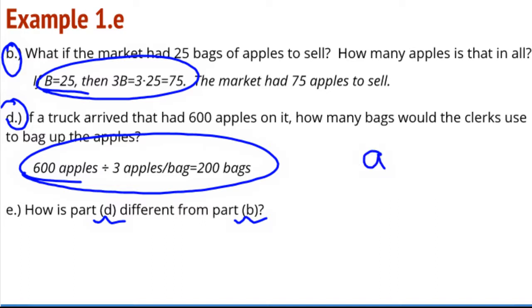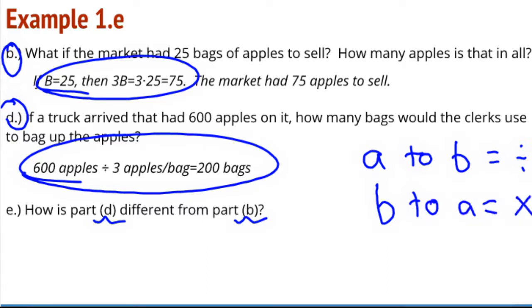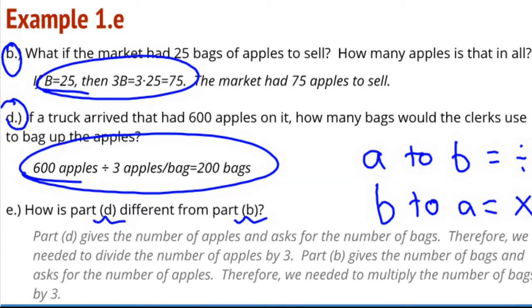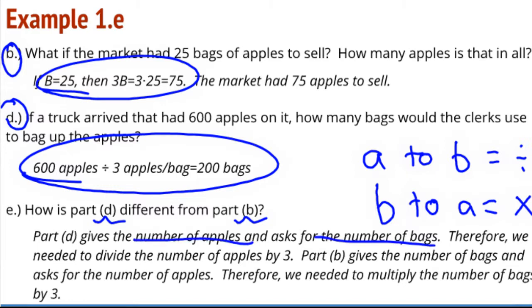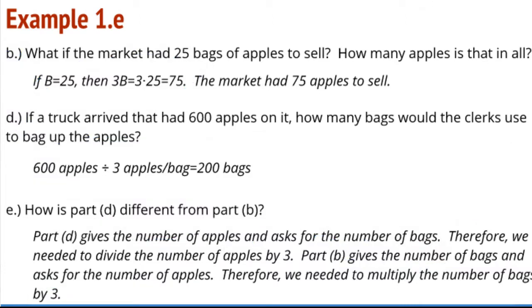To get from the apples to the bags was division. We had to put the apples into groups. To get the bags to the apples, we were performing a multiplication operation. We were counting up all the little apples within the bags. So part D gives the number of apples and asks for the number of bags, and part B gives the number of bags and asks for the number of apples. Inverse operations.